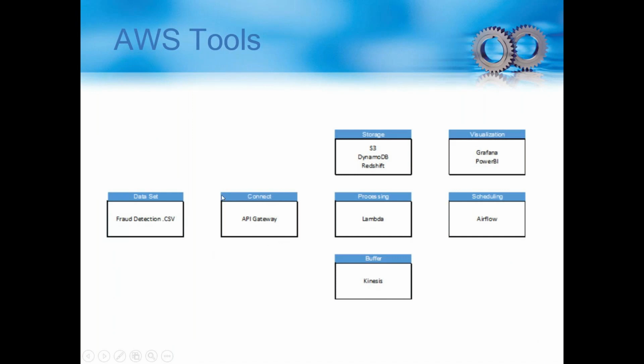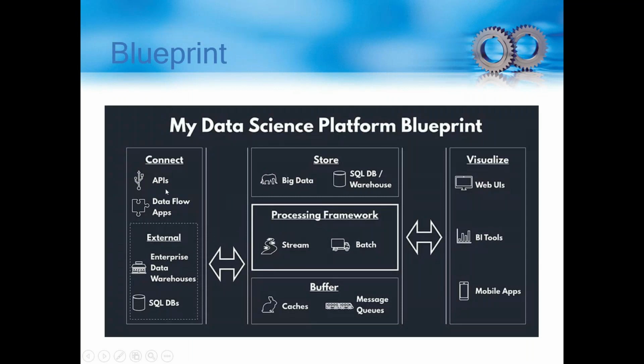Suppose you take one example, an insurance company's fraud detection data, available in CSV format. This is a data set, located in one location. To extract the data and get it into our storage, the connect layer uses different APIs or ODBC connections.